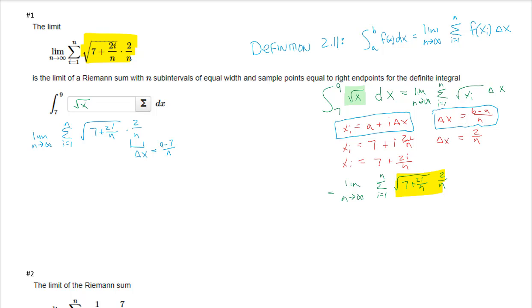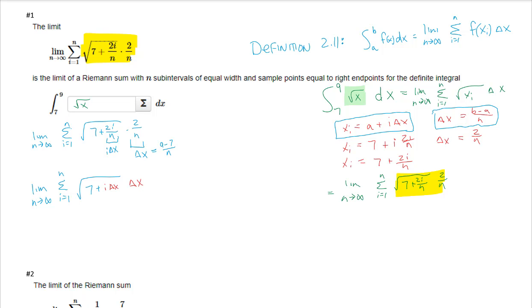And that tells me that this thing right here must be i delta x, because it's just that 2 over n with an i in there. Okay, so I can do some simplification then. I can rewrite this as the summation i equals 1 to n, and I have the square root now. Okay, so this is 7 plus, all right, this is my i delta x right there, and then this thing on the outside is my delta x.